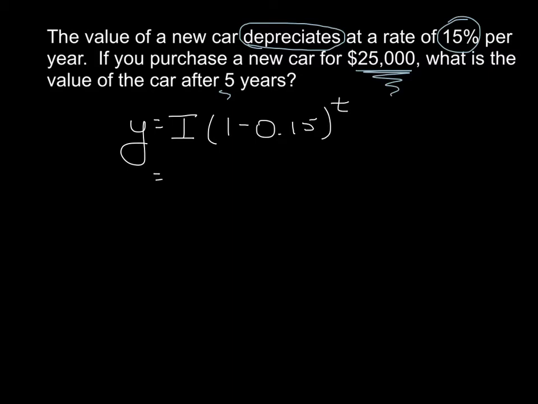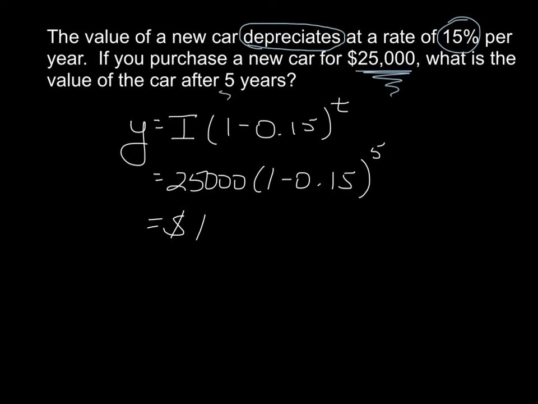So here, if we substitute, our initial amount is $25,000. We've got 1 minus the rate raised to the 5th power. So this would be $11,092.63. So after 5 years, the value of the car went from $25,000 to about $11,000.